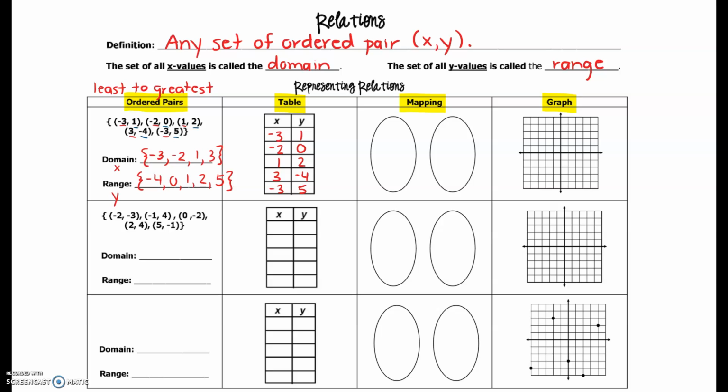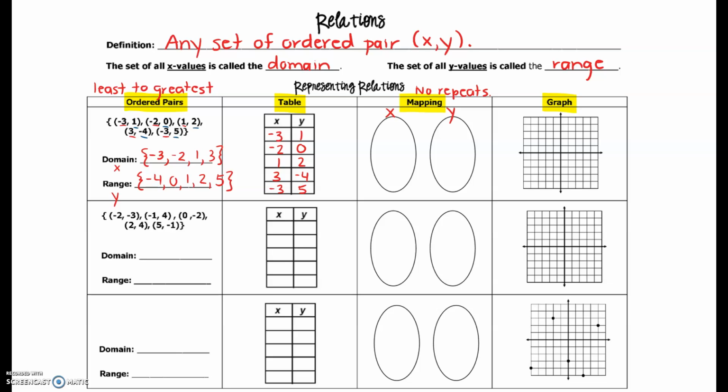Now the mapping diagram is a little bit different. You want to be careful with this because in the mapping diagram we will not have any repeating values. So I will put all of the x values on the left and all of the y values on the right. Well, if you look at our x column in the table, you'll notice we have 2 -3s.